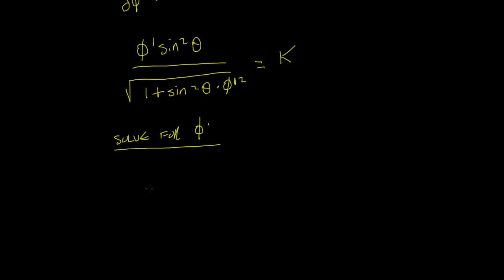So you would end up with, and check this for yourself, phi derivative equals k upon sine theta times the root of sine squared theta minus k squared.